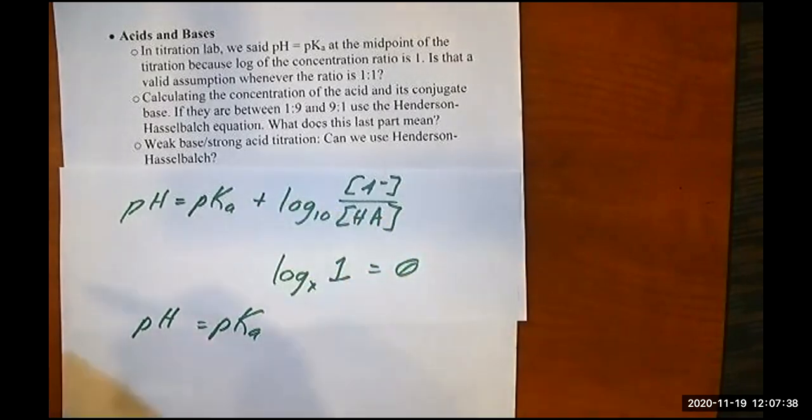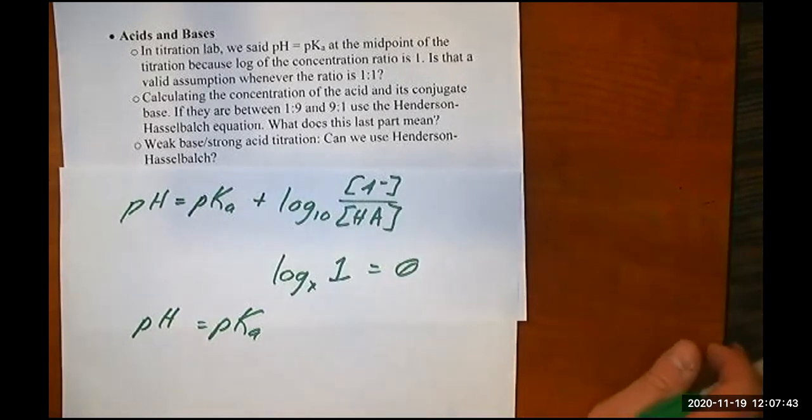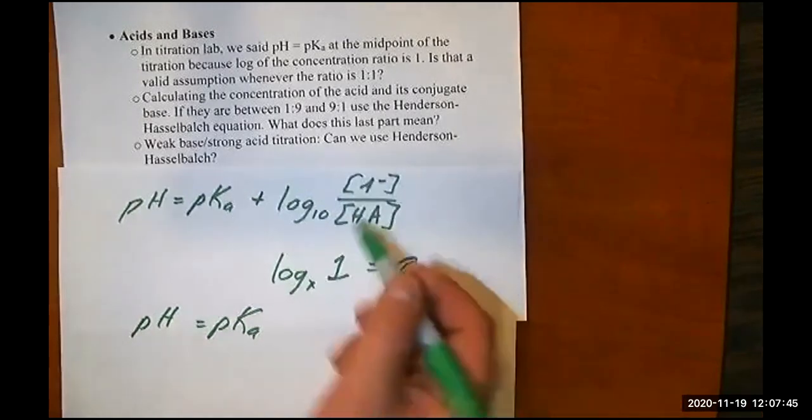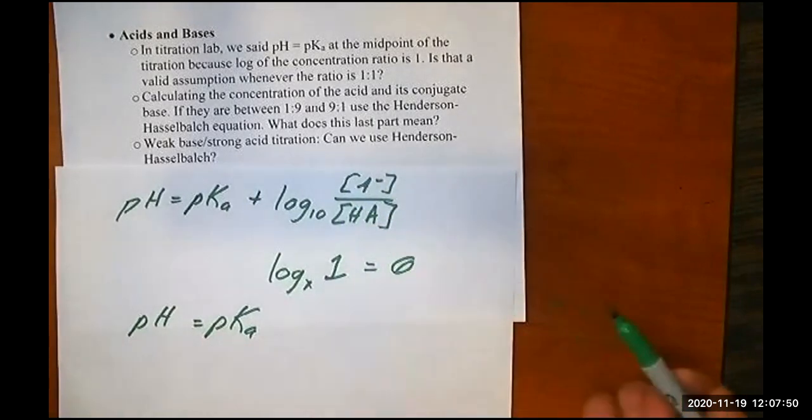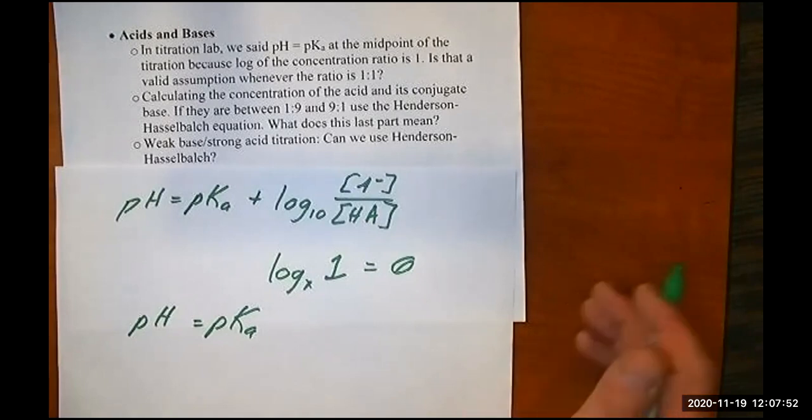But in any sort of realistic system where we have reasonable quantities of A minus and HA, yes, the Henderson-Hasselbalch equation works. And it works best, in fact, closest to the ratio being 1.